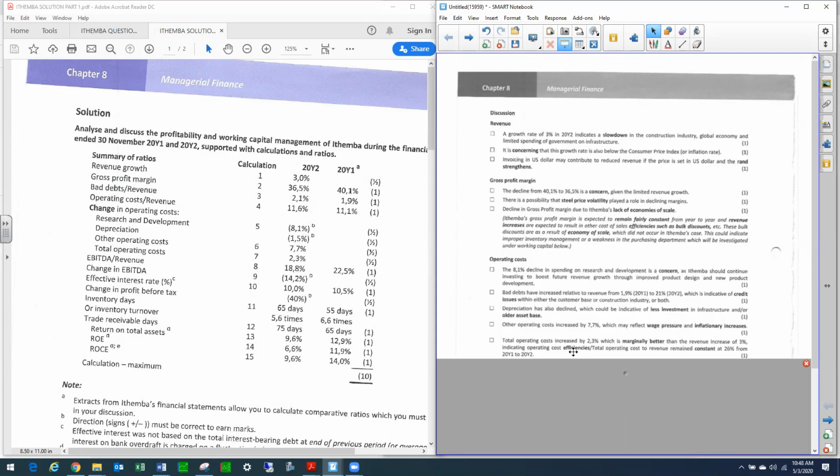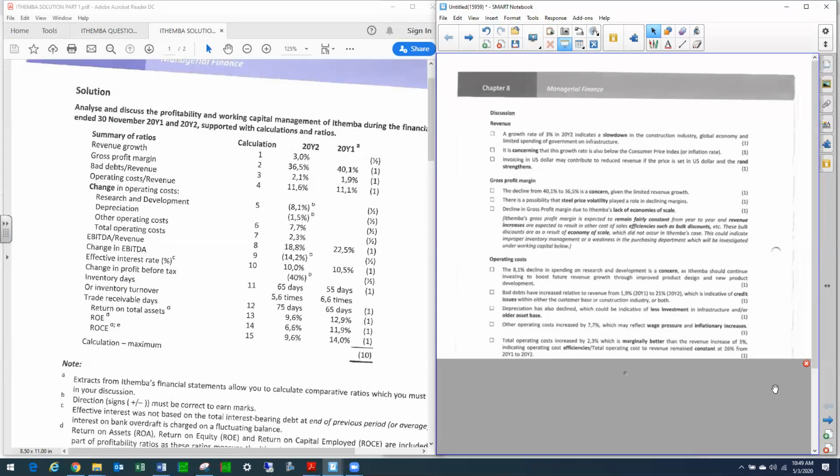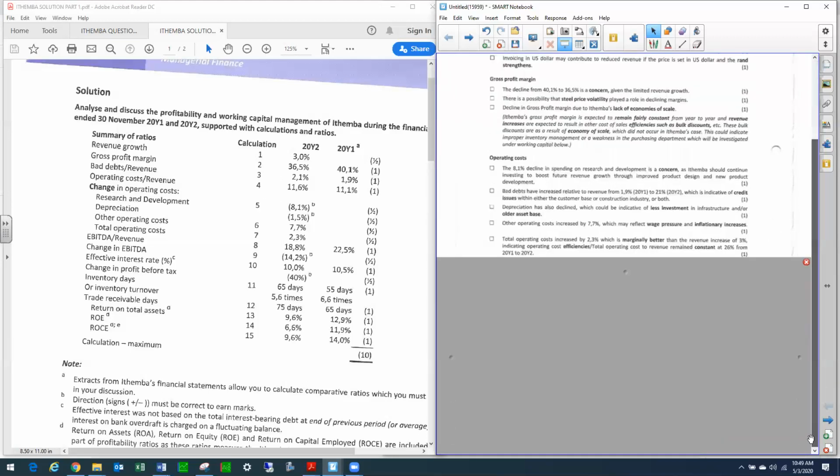Because EBITDA is before depreciation and before amortization, which means this is how much cash I'm physically generating inside my organization. The reason I'm discussing it as part of this solution is because they've asked me for working capital as well, and my cash is part of my working capital management.